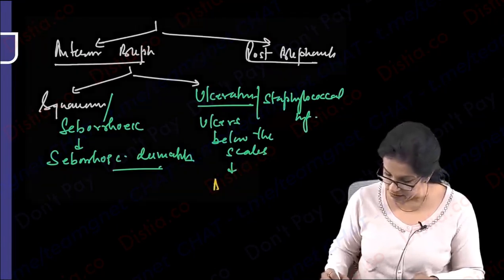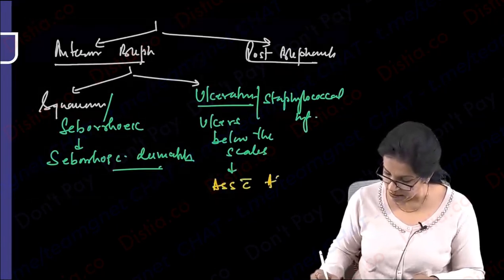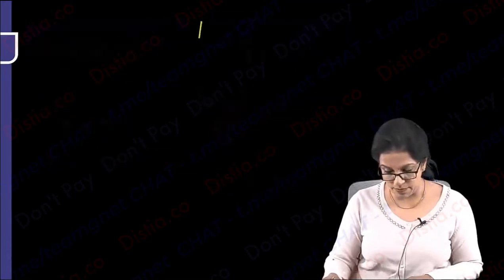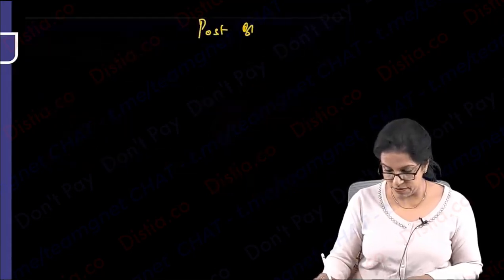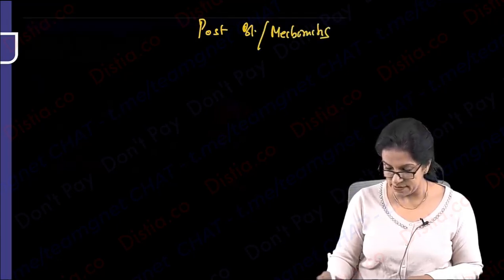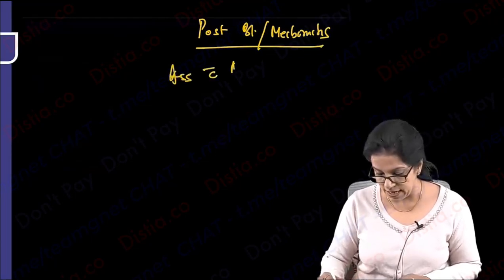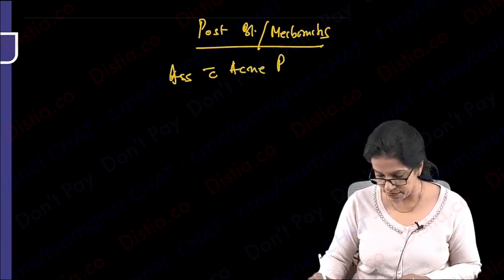This condition is mainly associated with atopic dermatitis. What about posterior blepharitis? Posterior blepharitis is also called meibomitis. This one is associated with acne rosacea.